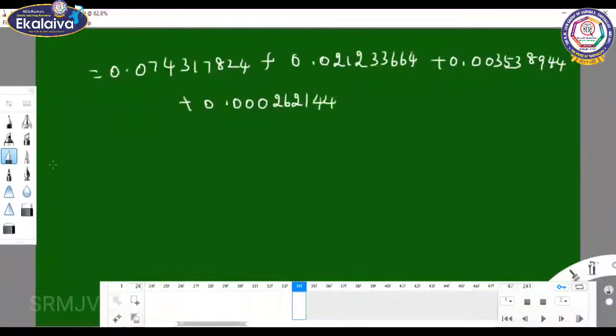So P of x greater than or equal to 6, at least, gives the value 0.09935. After the decimal point you can take 4 digits. I hope you understood, children. Thank you, children.